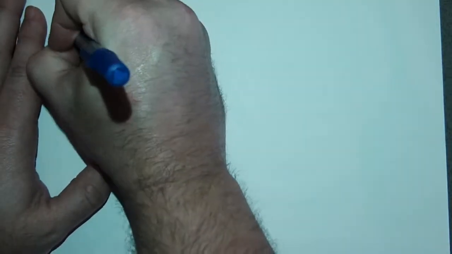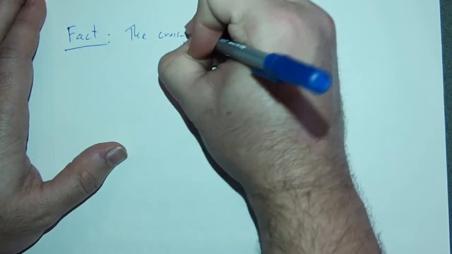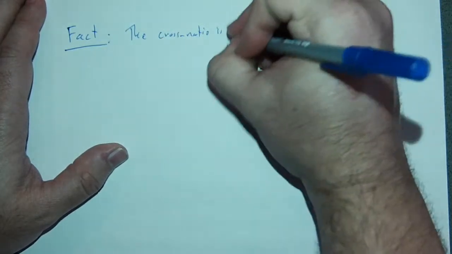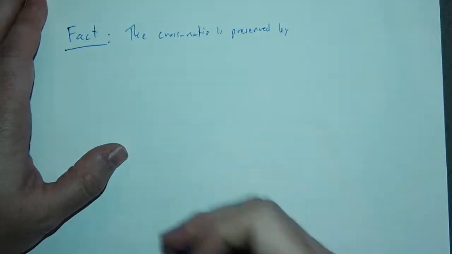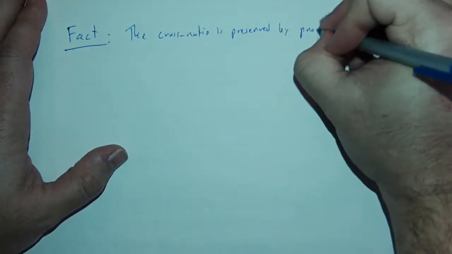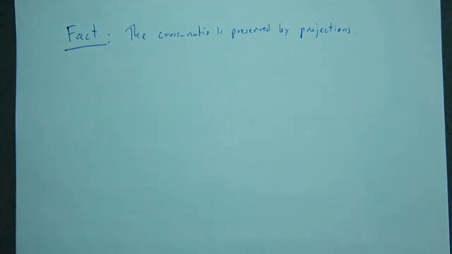So I'm just going to say big fact, theorem, whatever. We're going to prove it, so it's a theorem. The cross ratio is preserved by projections.